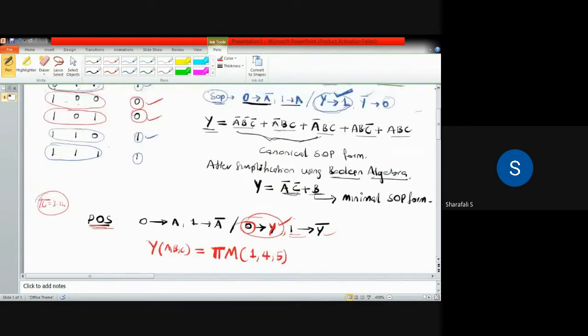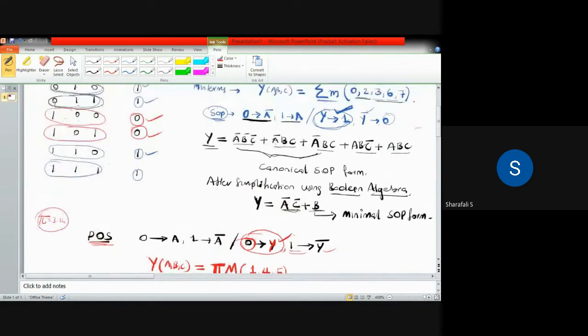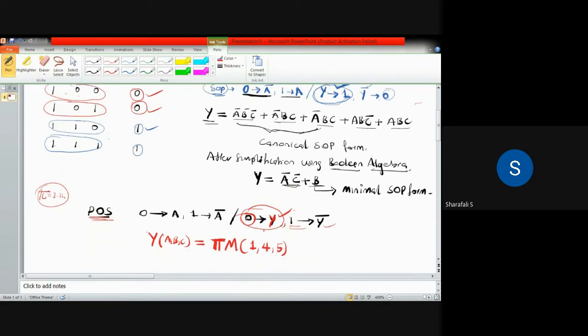So now if you are checking these two expressions, you can see there is 0, 2, 3, 6, 7 here. And whatever terms are not present in these min terms for the case of SOP, okay, those positions will be present in these max terms in POS form.